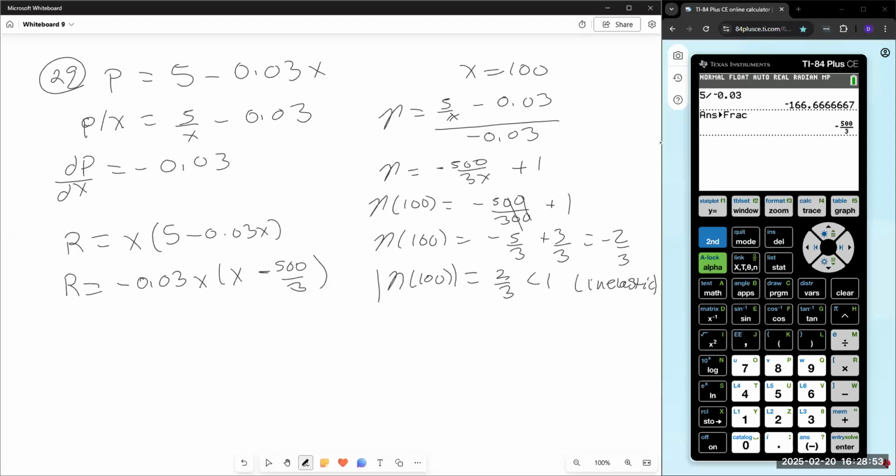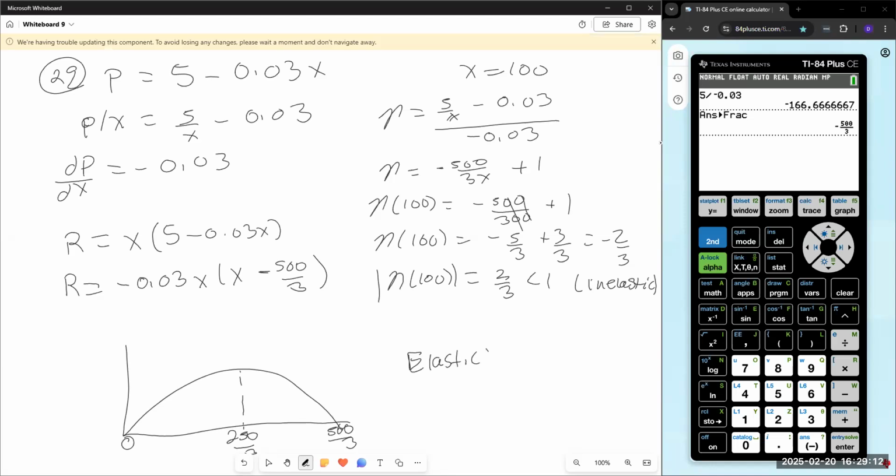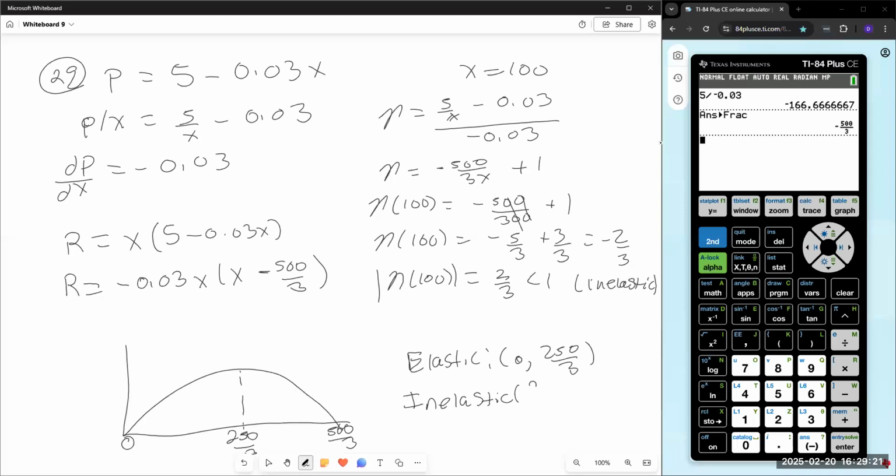So here's my sketch of what that will look like. 0 to 500 over 3. Right in the middle here is 250 over 3. And so we are elastic from 0 to 250 over 3, and we are inelastic from 250 over 3 to 500 over 3. Look now at number 30.